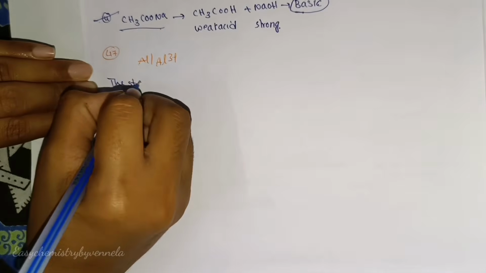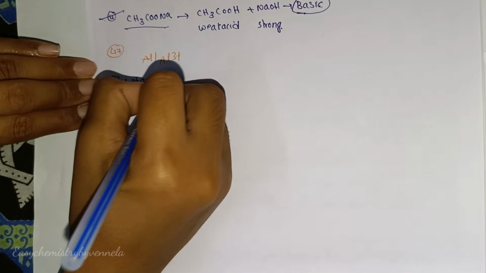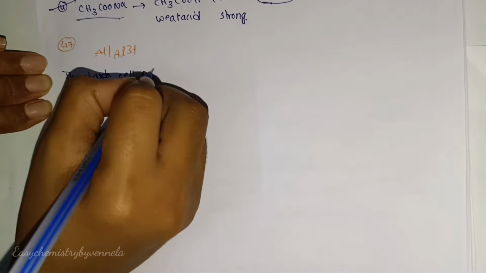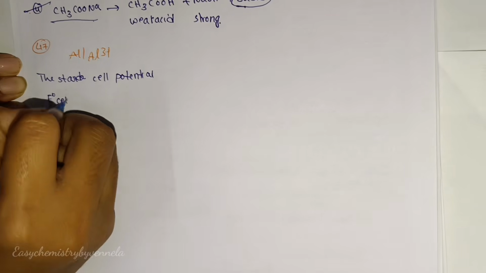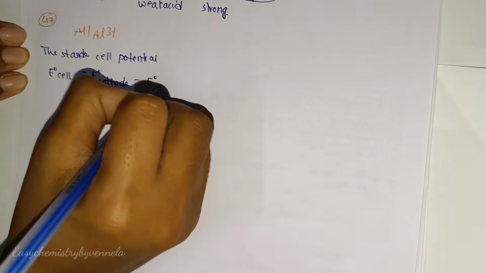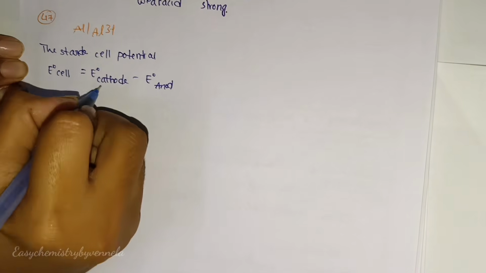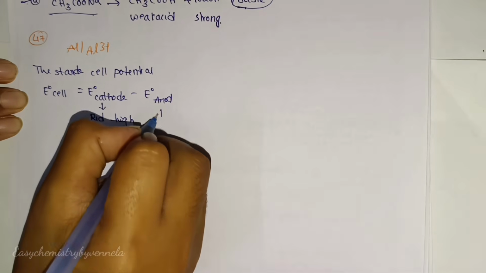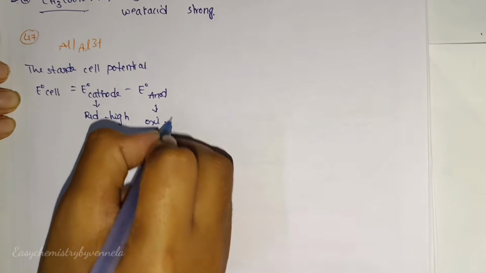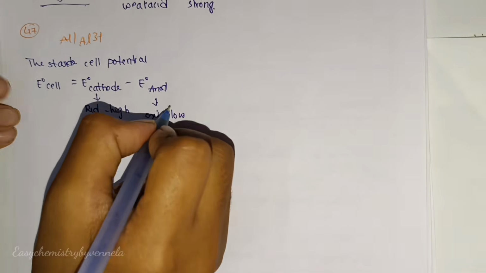What is the formula? The standard cell potential E naught cell is equal to E naught cathode minus E naught anode. Cathode means it is the reduction, high potential. Anode means oxidation, low potential.